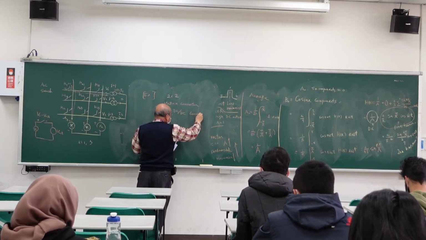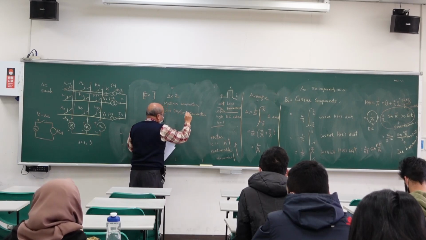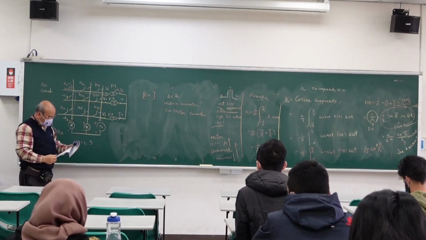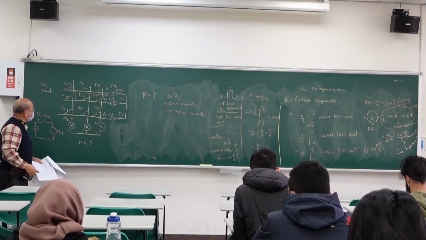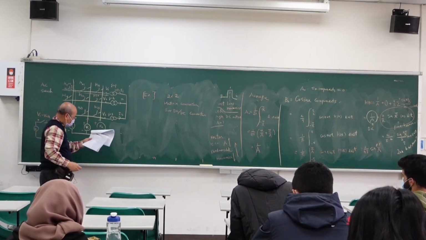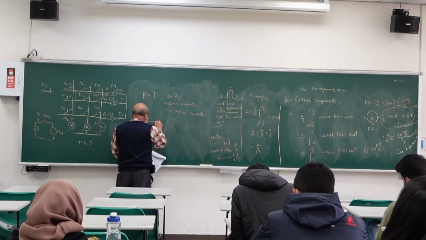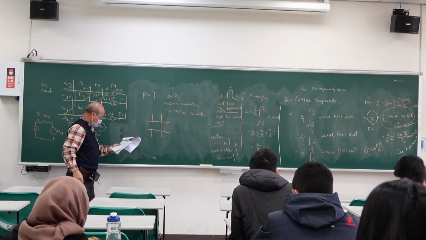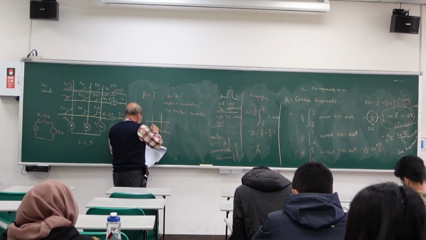Because DC only have 2 lines, one positive, one ground. So we only have 2 by 2. So then how can we draw this matrix converter? We have 2 lines. We have 2 lines. Okay. So we have 4 switch.